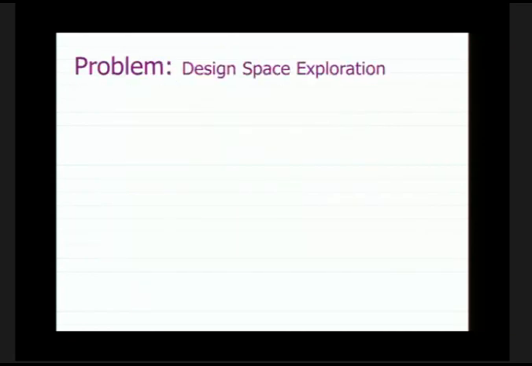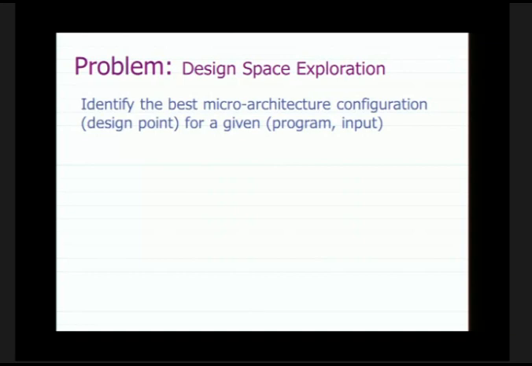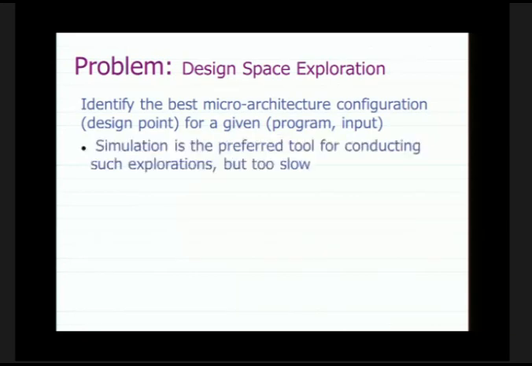A situation where this might be useful is design space exploration, such as the one which I mentioned as the second objective in one of the early slides, where you want to identify the best microarchitecture configuration for a given program input. I used the example of the washing machine. For that kind of design space exploration, it might help to have a model of this kind.